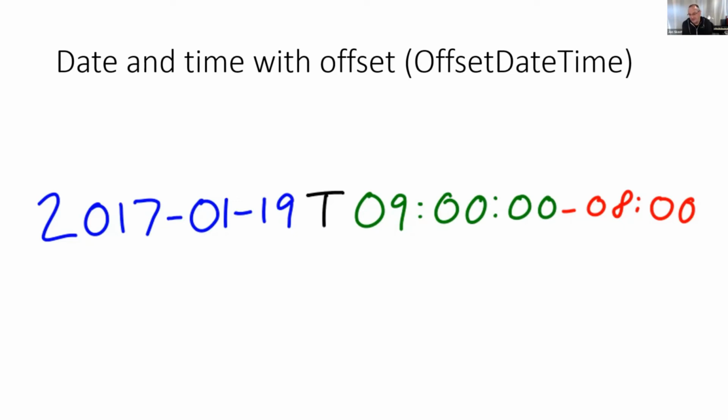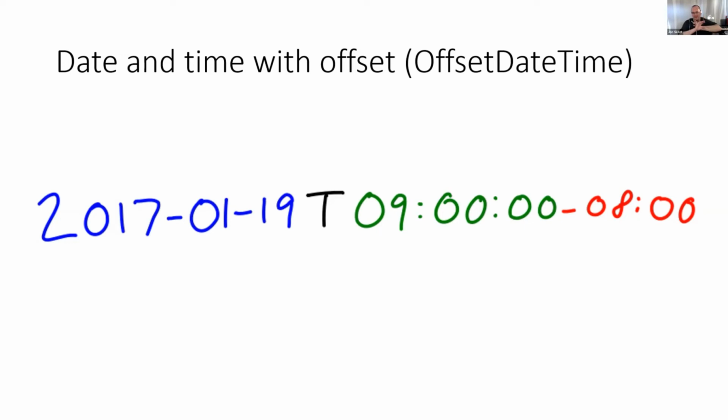Unfortunately, the text I've got here is an ISO 8601 representation. And please, if you're communicating from machine to machine, so it's not for a user to read, but you need a textual representation of a date and time or an offset date time or whatever it is, please use ISO. Don't decide to use day, month, year or month, day, year with slashes or whatever.